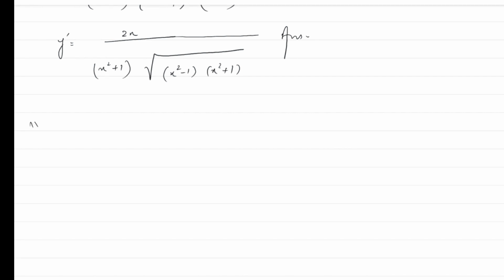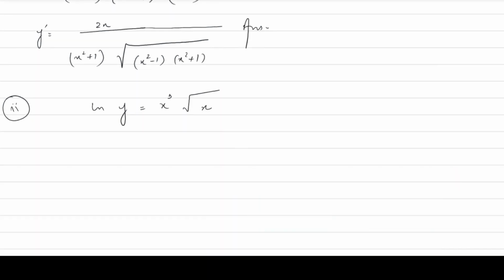Now its second part says y is equal to x cube and square root of x. Afterwards we have to take ln on both sides of the equation.